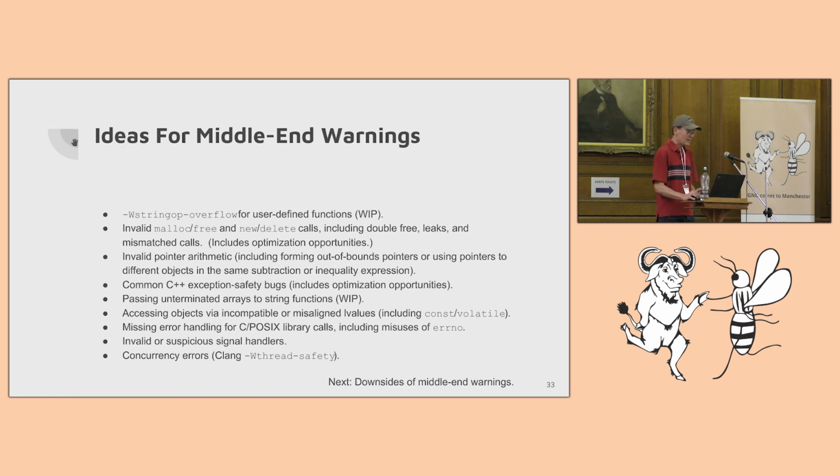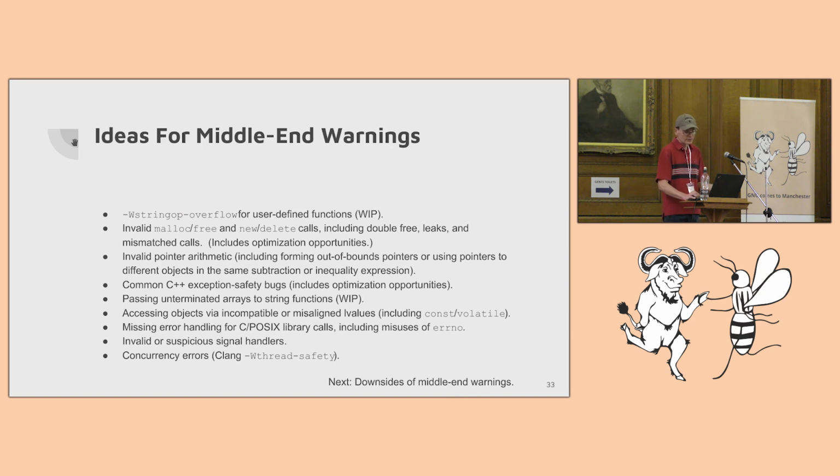A pass that David prototyped, but I don't think David's currently working on it, correct me if I'm wrong, is to detect malloc and free and new and delete call mismatches, or double free instances, memory leaks, and other common problems. For malloc and free, presumably again you want to handle user-defined functions like xmalloc and such.